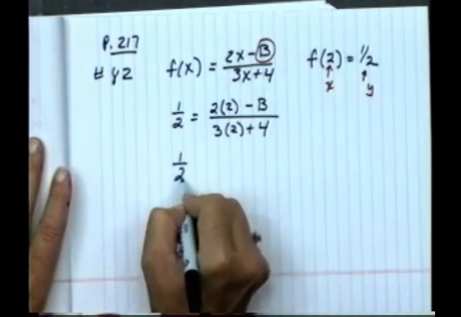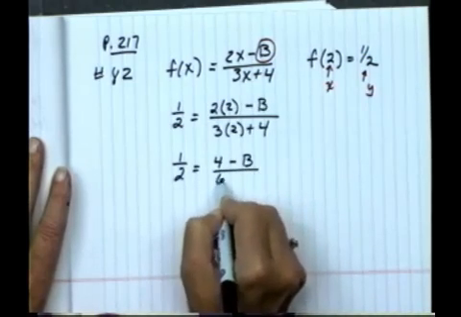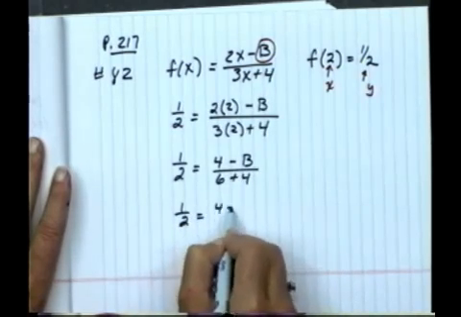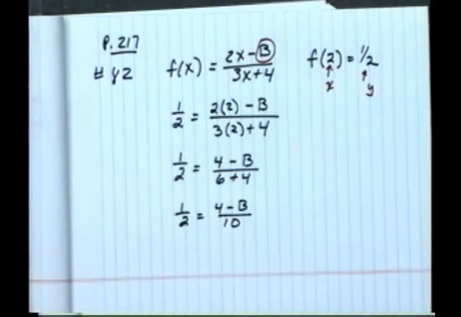We have 1/2 equals 4 minus b over 6 plus 4, or 1/2 equals 4 minus b over 10. What's my goal? Solve for b. I've got a fraction equal to a fraction, and I'm solving for b. How are you going to solve this?